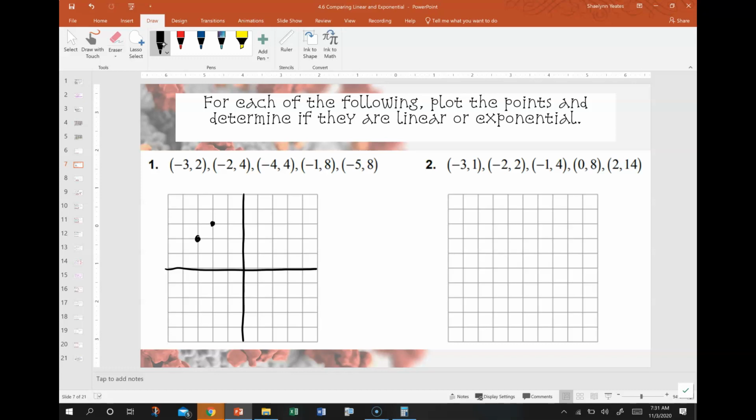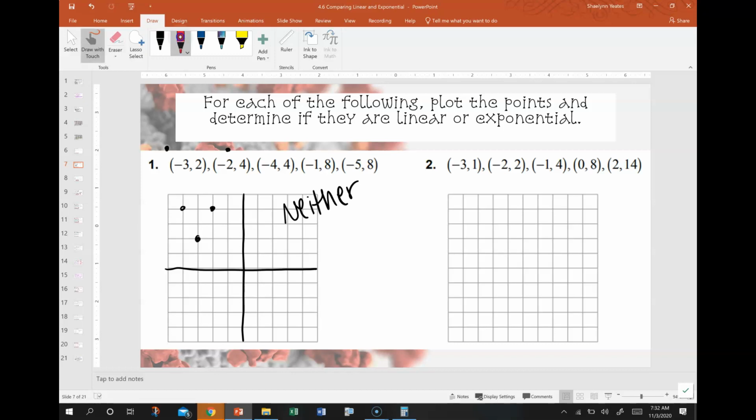And -4, 4. -2, 4. -1, 8, that'd be somewhere up here. We've got -5, 8, that's somewhere up here. I'm going to go ahead and say this is neither, because it's got this weird V shape going on. Yes, neither is an option.